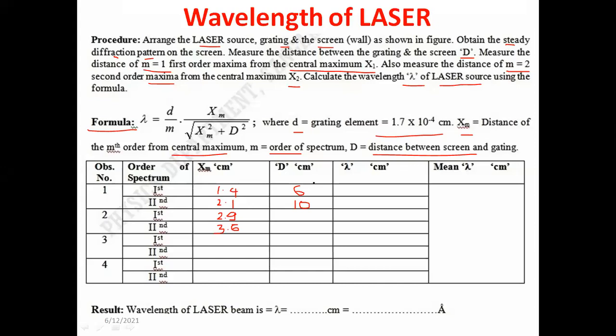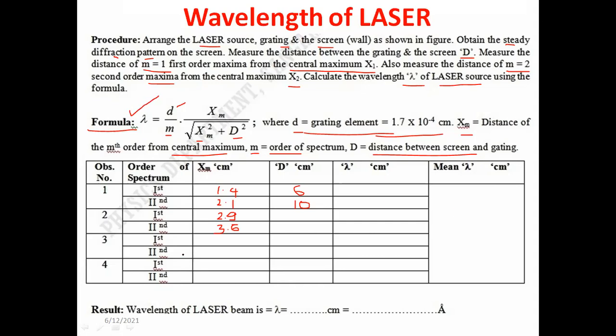Then you substitute the D values and xm values for first order and second order respectively, with m equal to 1 or 2, because we are taking readings for first and second order. Substituting the xm values and D values, you will be able to find the wavelength of the laser beam.